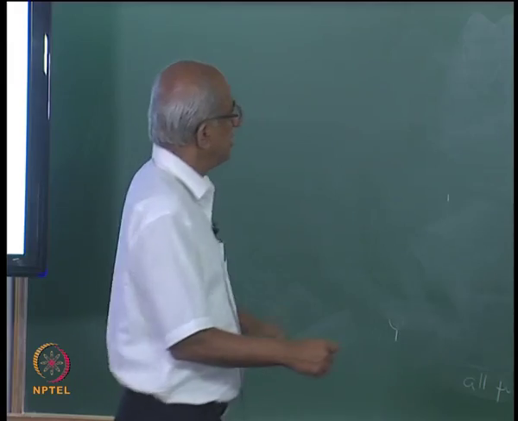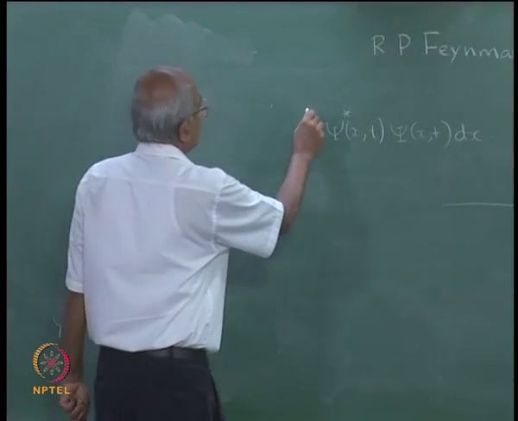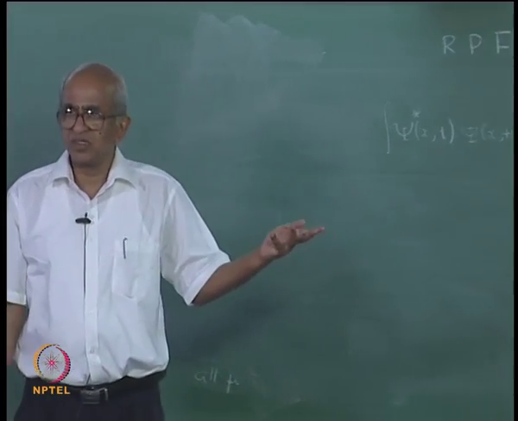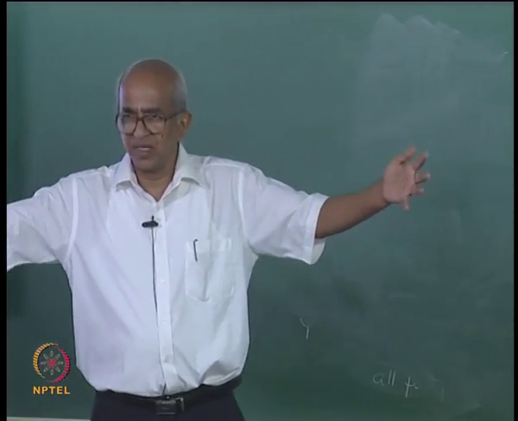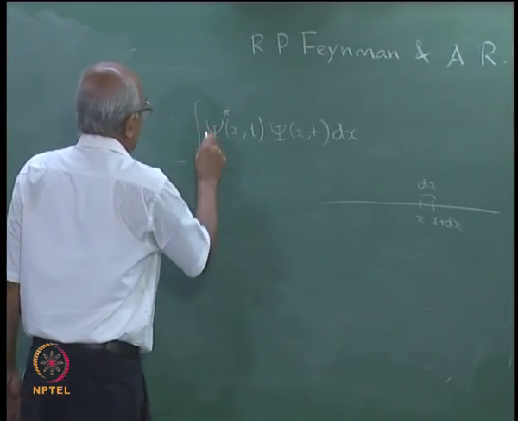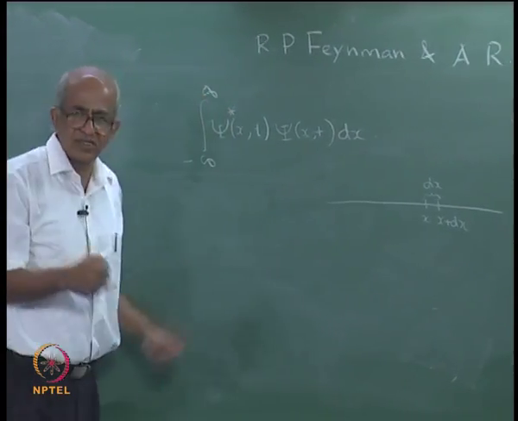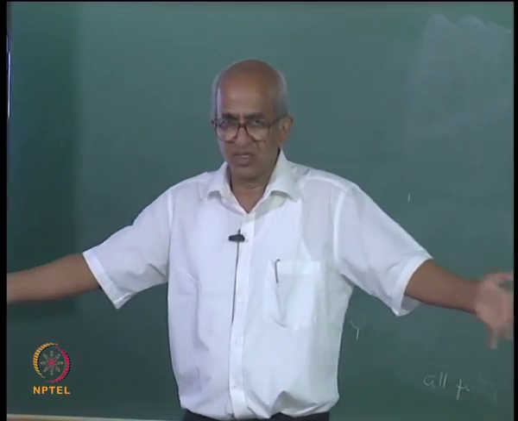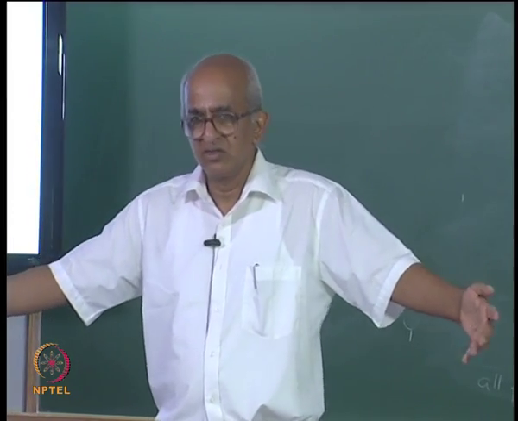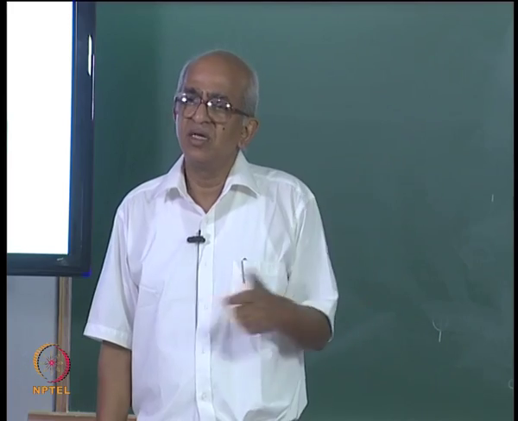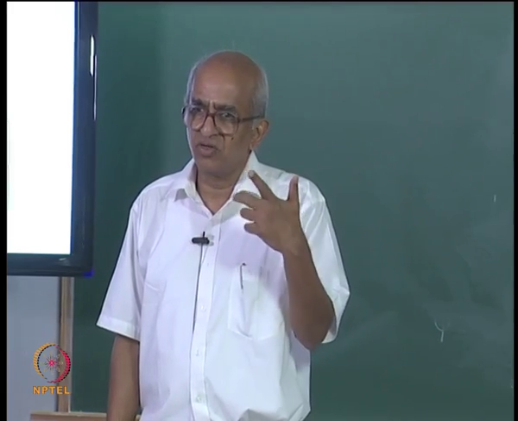The answer is that I have to integrate this from minus infinity to plus infinity to get the total probability. But again, physically I know that if I calculated the total probability, the particle is sure to be in that interval, because it cannot be anywhere else. So, if I calculated this, I know that it should be equal to unity.